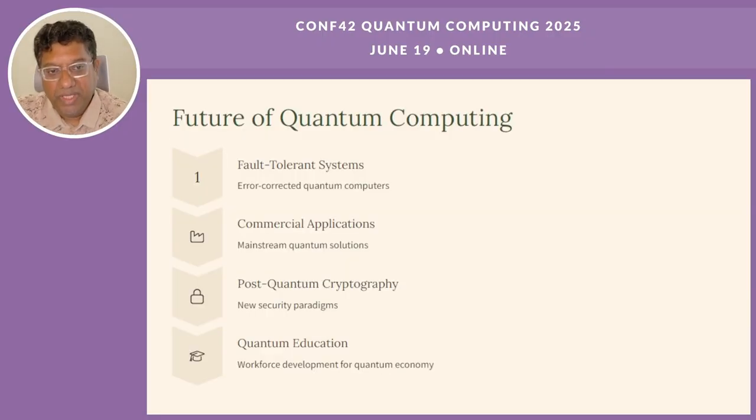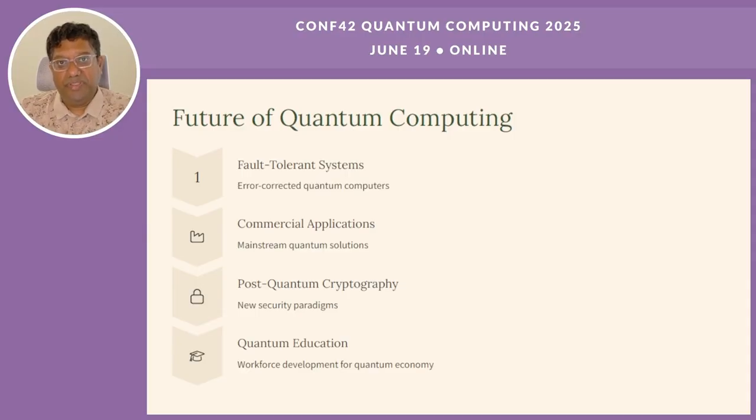Final slide of the presentation. As we have seen, quantum computing can help us resolve more complex problems. Current research is going on so that in the future we can have fault-tolerant systems with fewer errors in quantum computing analysis, and they can be used for regular commercial applications, and then we can use them for cryptography.